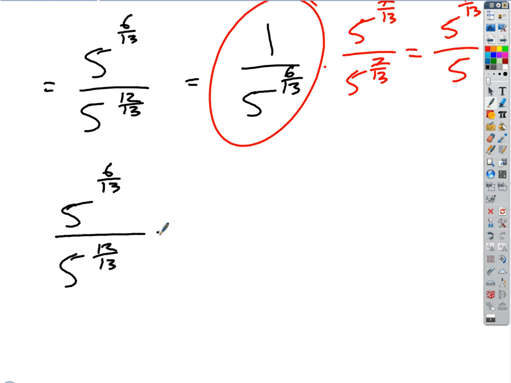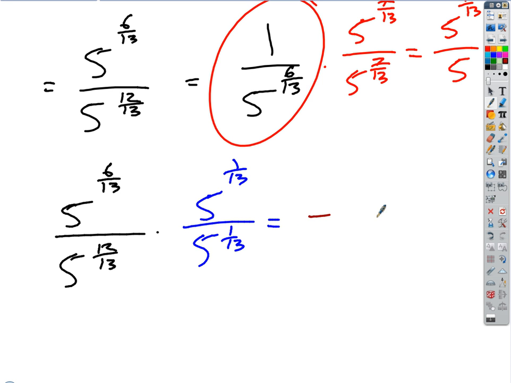So instead of going through that intermediate step, what's maybe an easier way to get a 5 to the 1 on the bottom? How about if we just multiply top and bottom by 5 to the 1 13th, right? Does that make sense? And then on the bottom, we're going to get our 5 to the 13 13ths, 5 to the 1.